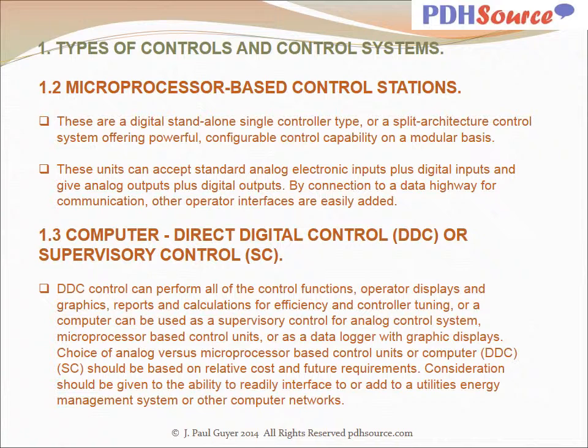Choice of analog versus microprocessor-based control units or computer, DDC-SC, should be based on relative cost and future requirements. Consideration should be given to the ability to readily interface to or add to a utilities, energy management system, or other computer networks.